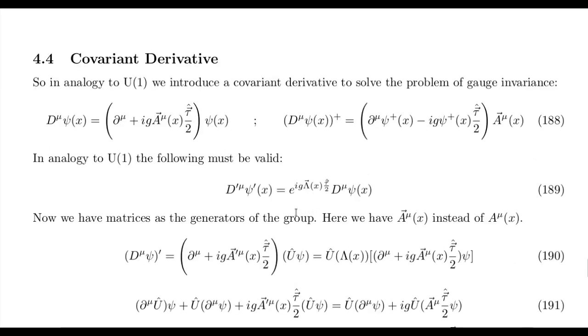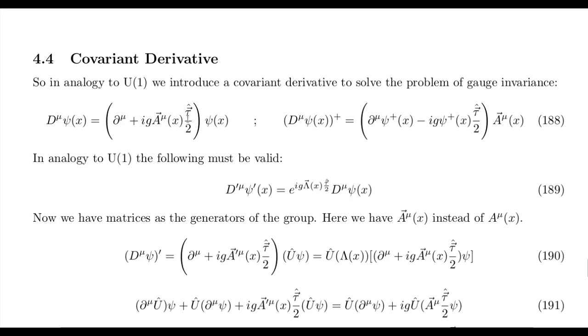So in analogy to the electromagnetic field, we introduce a covariant derivative. We will do that in full analogy. We have the partial derivative and we add a term with a gauge field. But in this case, we have a three-dimensional isospin space.